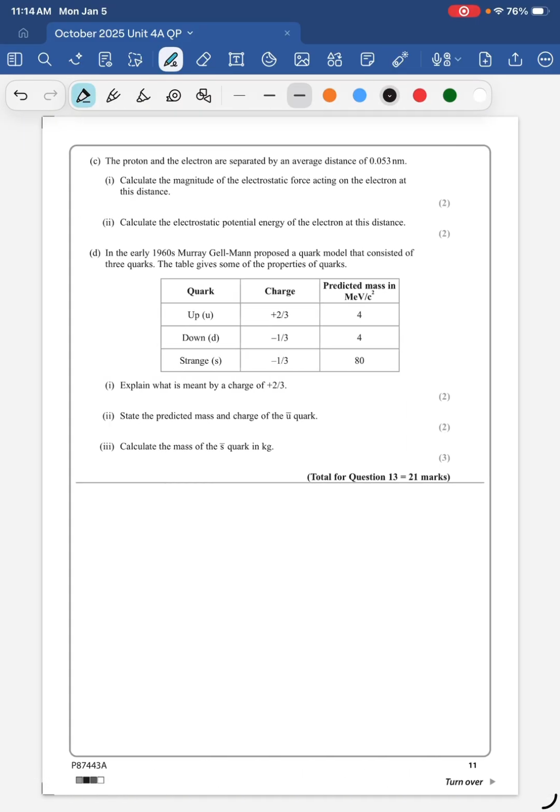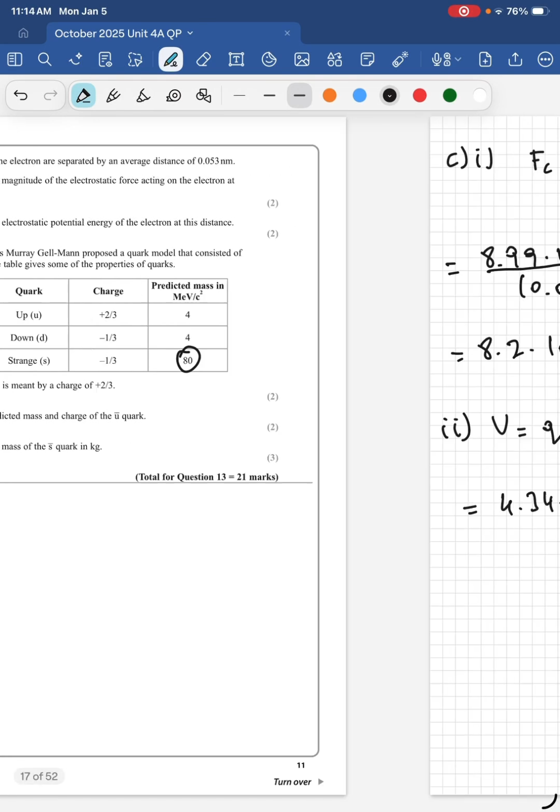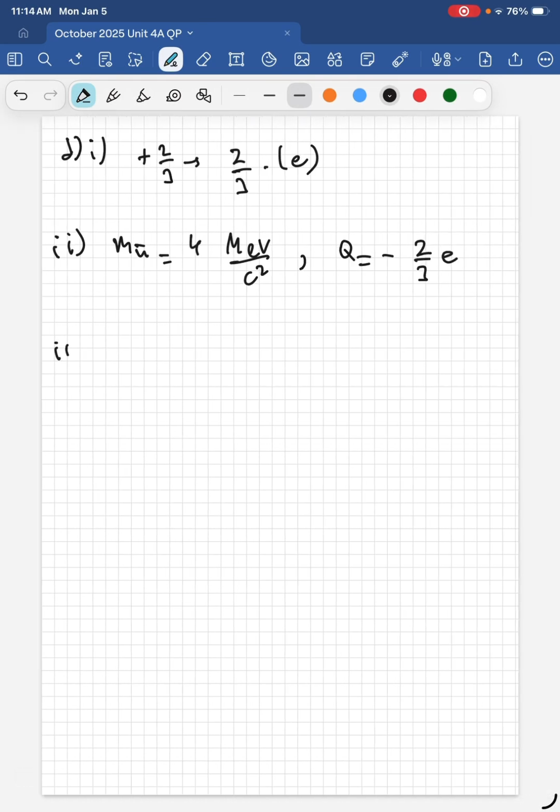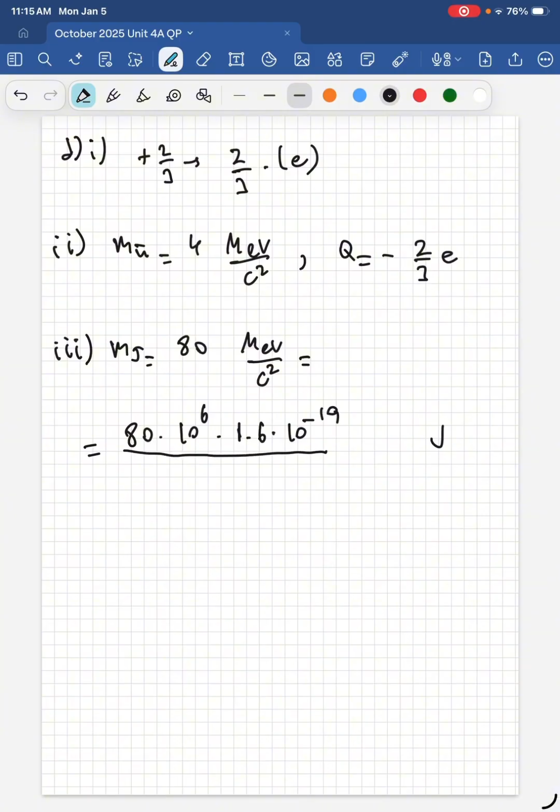And then question 3. Calculate the mass of the s bar quark in kilograms. They give us the mass in MeV per c squared, so we have to convert that. The mass of the s is 80 MeV over c squared. 1 MeV is 10 to the 6 eV, and 1 eV is 1.6 times 10 to the negative 19 joules.